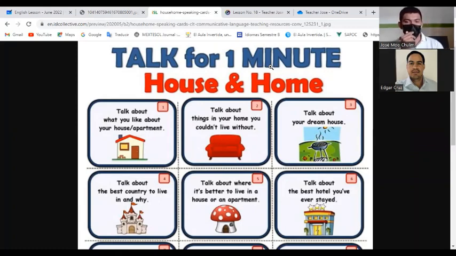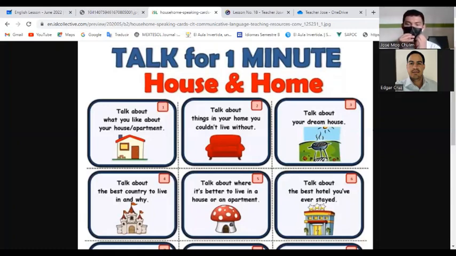Do you know the difference between house and home? Good question. Probably house is possessive, and home is to talk in general. I'm not sure. Okay, you have the idea. The difference between these two words is that house is like the building, the structure. It has the living room, a bathroom, bedrooms, and all that.